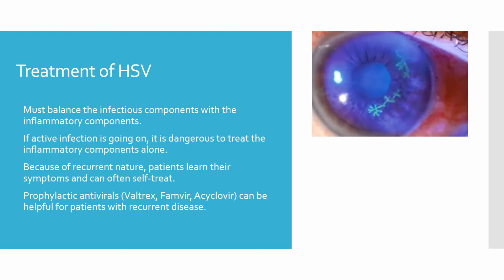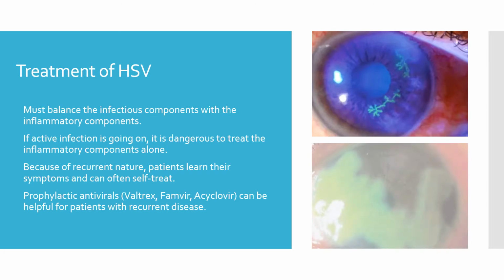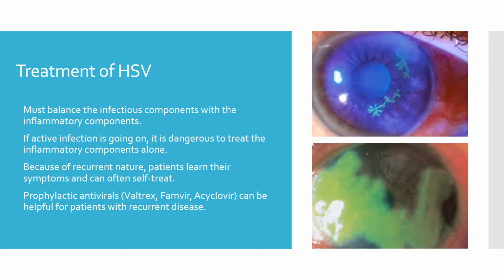So here's an example of why it's not good to just put these patients on steroids without treating with antiviral. Here's a classic dendritic ulcer. We saw this picture in the last slide. And if this patient were to go on steroid eye drops without going on antiviral medicine at the same time, it could grow into this.